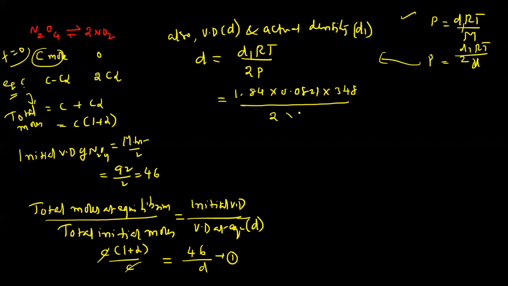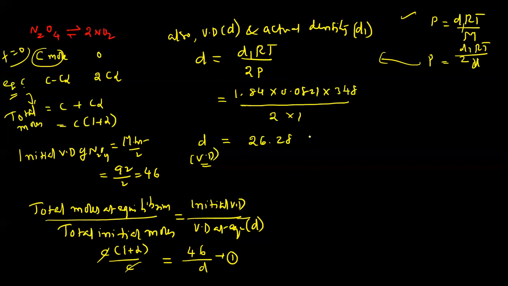So it is 2 into 1. Upon simplification, the vapor density value I got is 26.28. This is actually the vapor density.